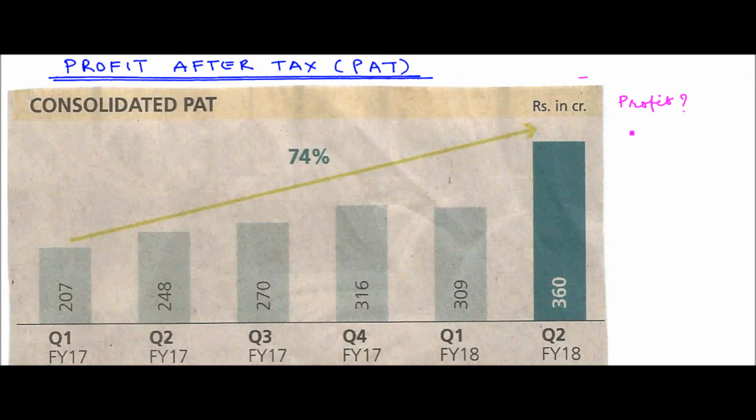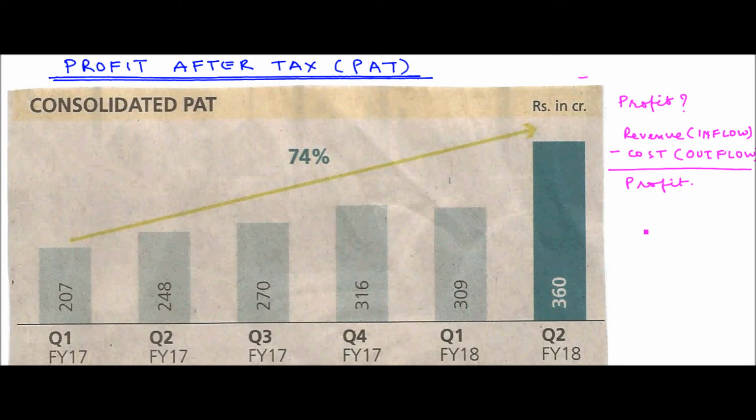Profit is nothing but the amount which you gain after deducting your cost from the revenue. Or in other words, revenue is the funds flowing in, so inflow of money, minus the cost, which is outflow of money, and this gives you profit.